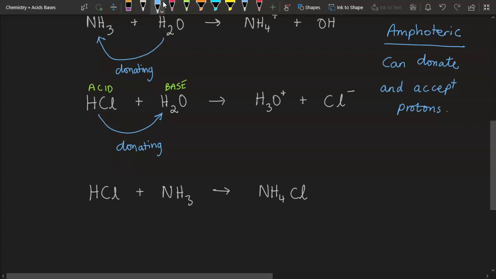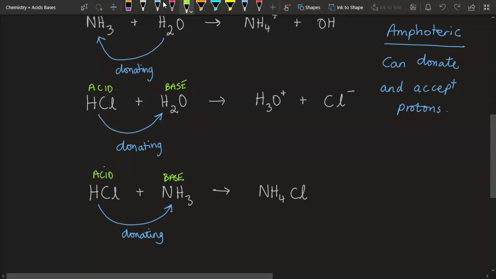The NH3 is becoming NH4. So there is a donation. You've got the H leaving here and joining on here. Because this is donating, you end up with HCl being an acid. NH3 is going to accept it, so this becomes a base. And then that forms that substance.